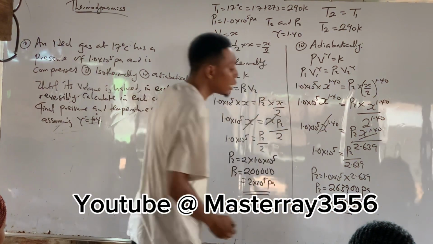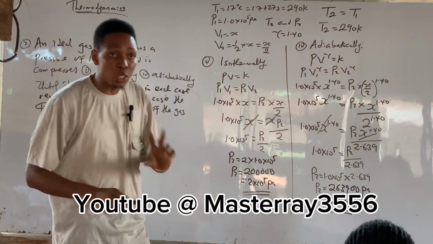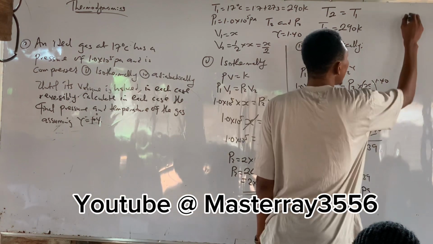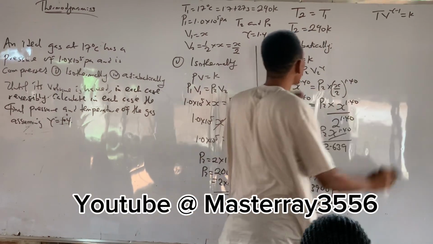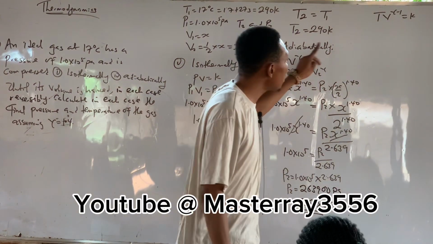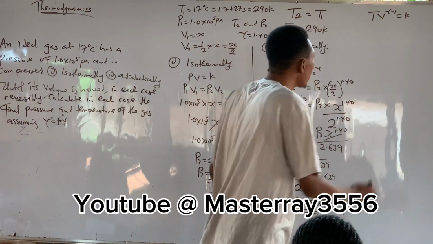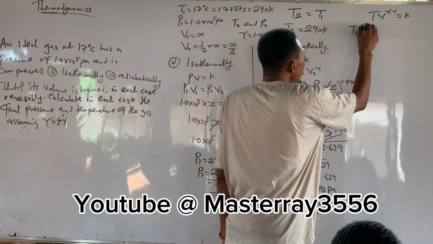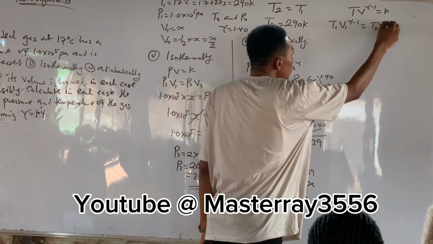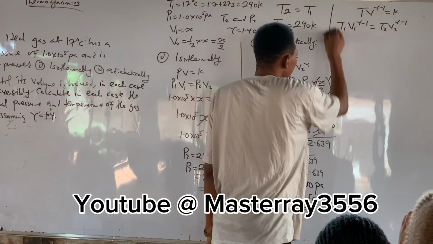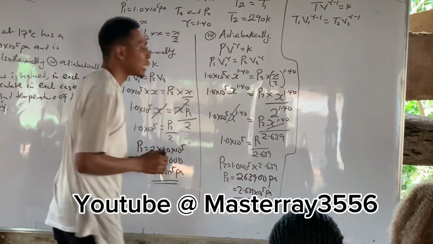All right. Now that you've got it, the next thing is to look for the temperature, is it not? So looking for temperature, TV to the gamma minus 1 equals K. If it's pressure, it's just gamma; if it's temperature, it's gamma minus 1. Are you following? So we have T1 V1 gamma minus 1 equals T2 V2 gamma minus 1. All right. So what's our T1?